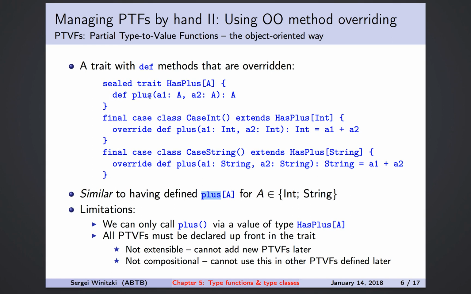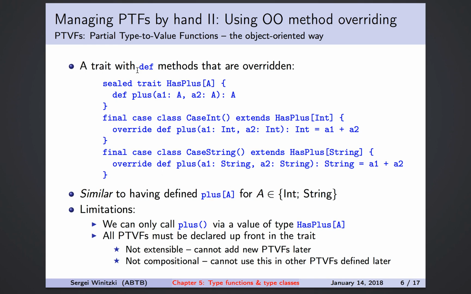So if I want plus, minus, times, or divide, or whatever, I have to define all of those as def methods up front in this trait. I cannot later define further partial type to value functions here. And also, I cannot use this partial type to value function in a different one defined later. So that is quite a significant limitation.